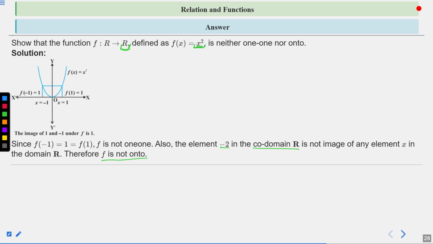Simple. So by graph, how are you going to answer? Very simple. If you know the graph of any function, then for 1-1 you can easily perform the horizontal line test.